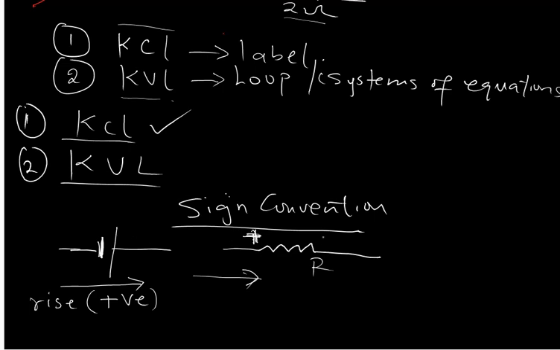The second terminal is connected to negative, right? So in that convention, the flow across this resistor is from positive to negative, and positive to negative is a fall. That simply means that when current flows in that manner through a resistor, there's a fall in voltage. It will have a negative sign.